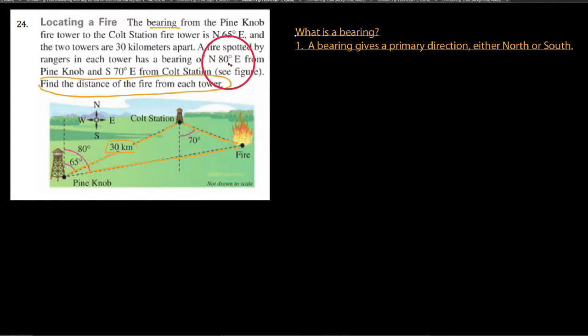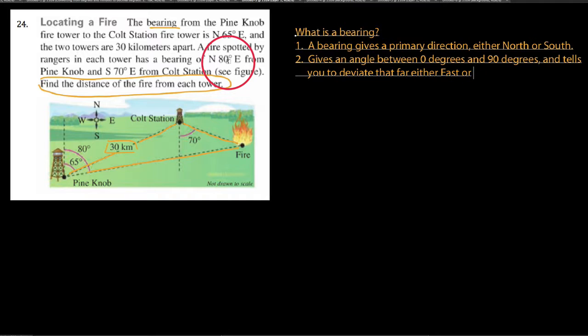And then it gives us an angle next, an angle between 0 degrees and 90 degrees, and tells you to deviate that far either east or west.